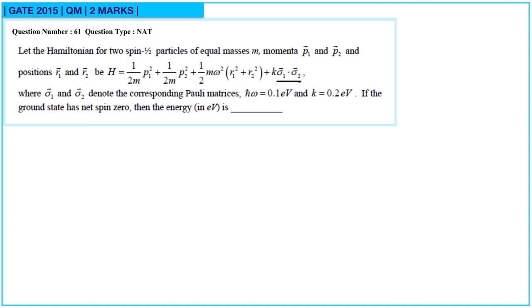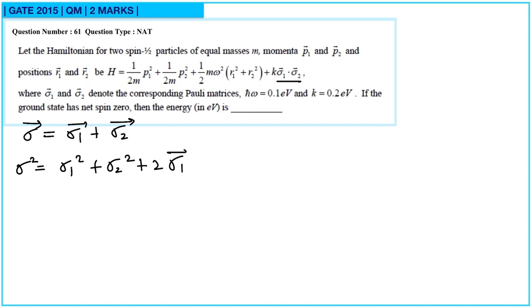First we have to calculate this value. Now if we write sigma is equal to sigma 1 plus sigma 2, because we have two particles, sigma square will be sigma 1 square plus sigma 2 square plus 2 sigma 1 dot sigma 2.